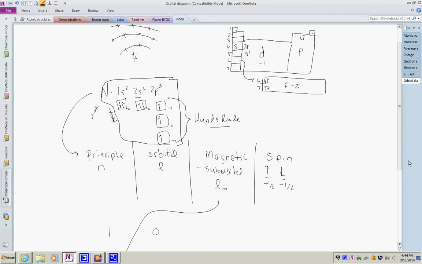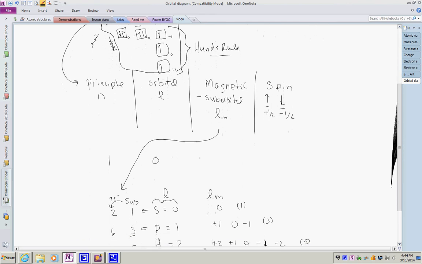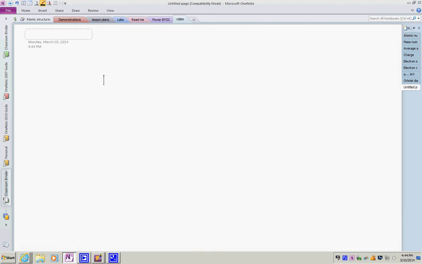If I were to do another one, let's try another example here. Let's do iron, Fe. See if that fits up there, and it does. So iron, I did this example for the electron configuration, so let's do something different here.